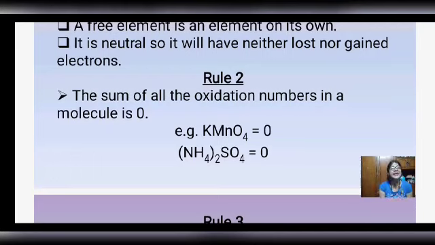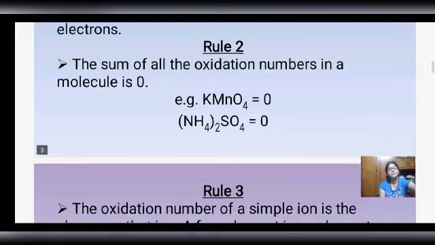For example, KMnO4, which comprises potassium, manganese and oxygen. The oxidation numbers of potassium, manganese and oxygen should be assigned in such a way that as a whole, KMnO4 will have an oxidation number of 0.